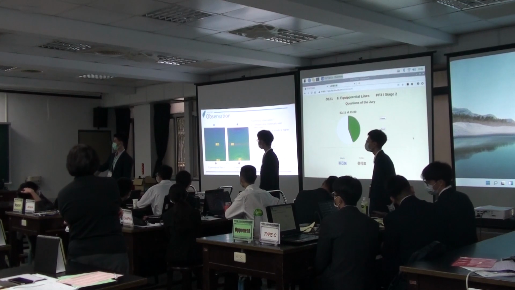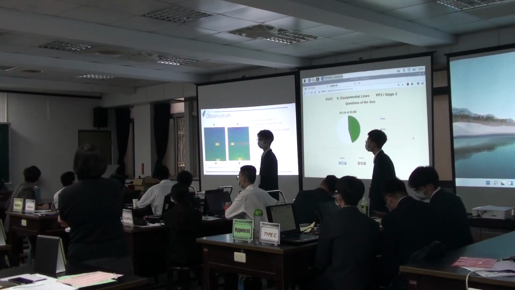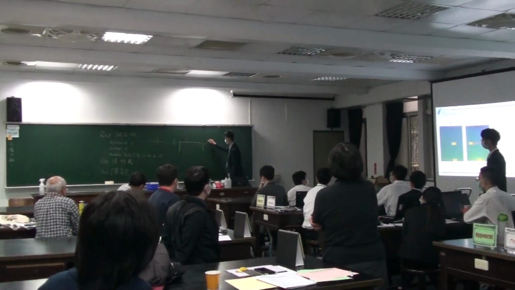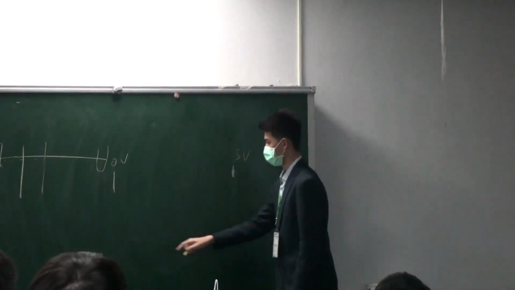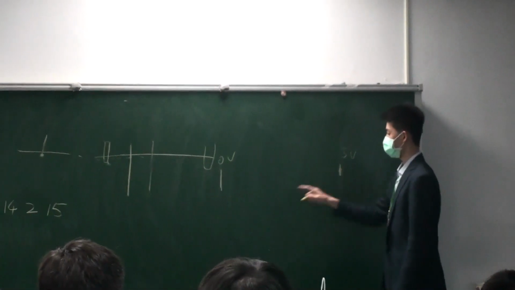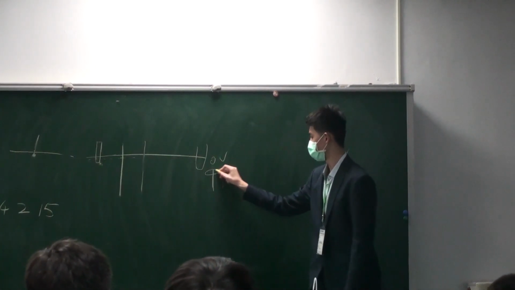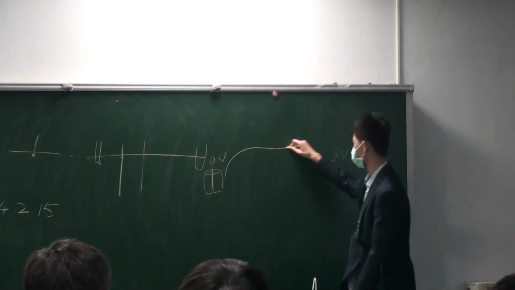Can I use the blackboard? Yeah. So let's say this is our reference electrode for 0 volts, and this is our reference electrode for 5 volts. And if we plot the voltage as a function of the position, it will look like this.